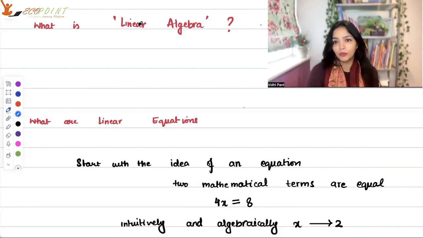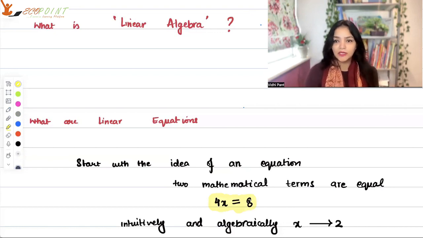The word equation, what is it telling you? That you have two mathematical terms, two mathematical figures, and they're equal. So equation just means that you have two terms you can equate. For example, as you can see on the screen, a very simple example: if I have 4 times x equal to 8, this is an equation because you can see that equal to sign out here.